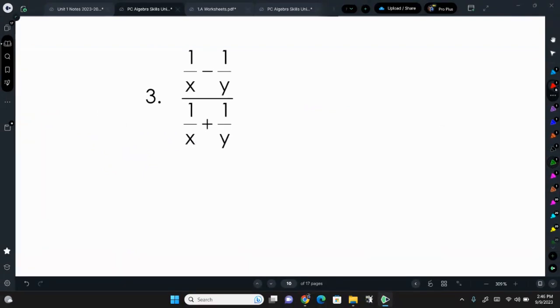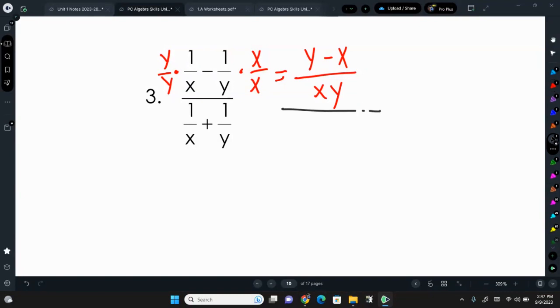Here, we're going to multiply the first fraction by y over y, and the second one by x over x. This is going to give us y minus x over xy over, we can do the same thing in the denominator, so we have x plus y, or y plus x, it doesn't matter, over xy.